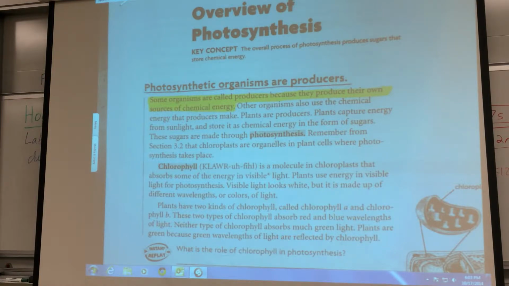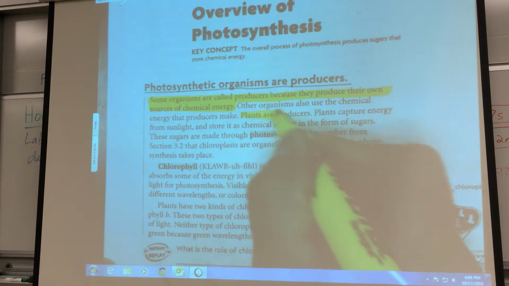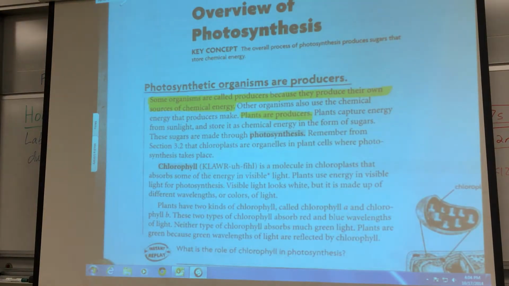They need to go through and figure out which sentences or statements are supporting that main topic. So as they read, they're going to look for and identify supporting statements like: plants are producers.